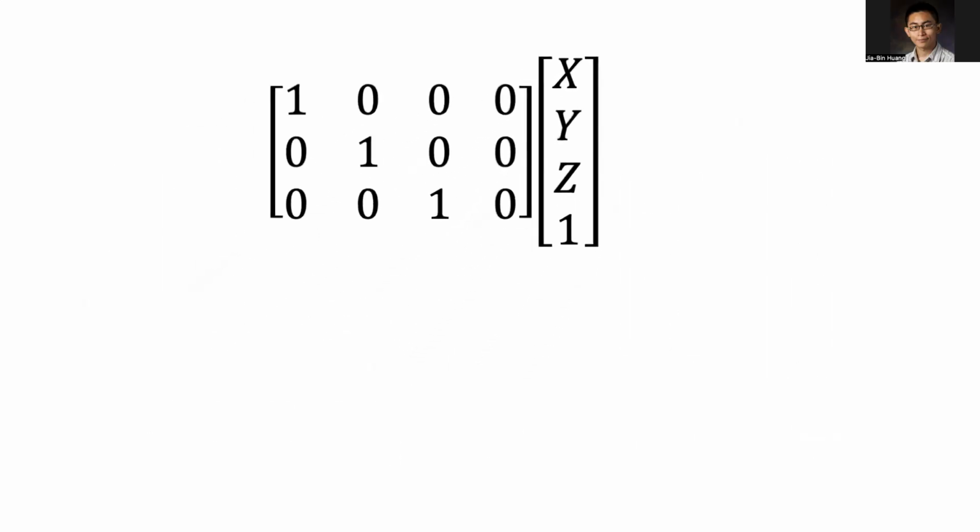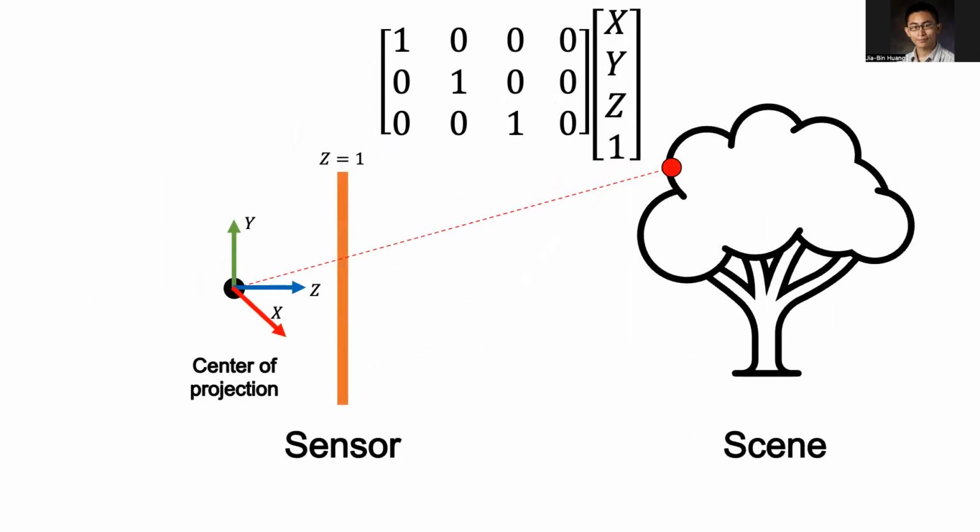All right, so now we have this linear transformation. But so far we assume the distance between the center of projection to the sensor is 1. The distance between the center of projection to the sensor has a specific name called focal length.